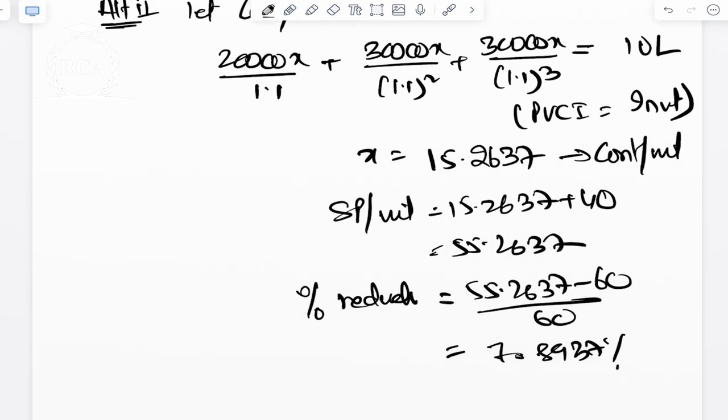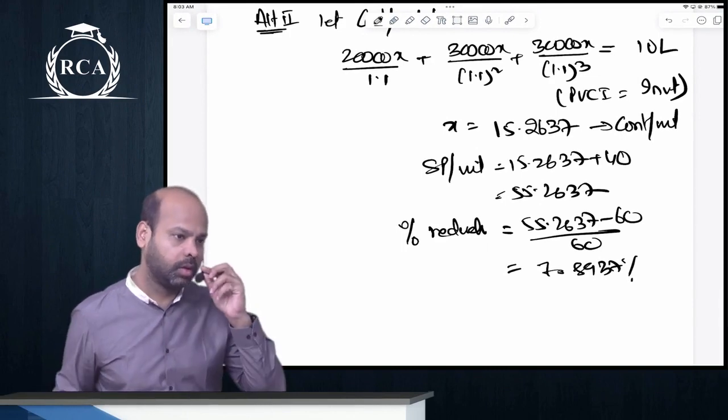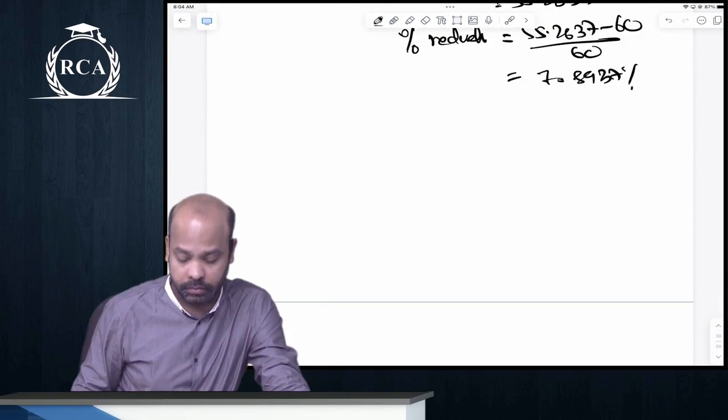Are we all clear about this? Done, guys? What is the answer to the second bit, guys?